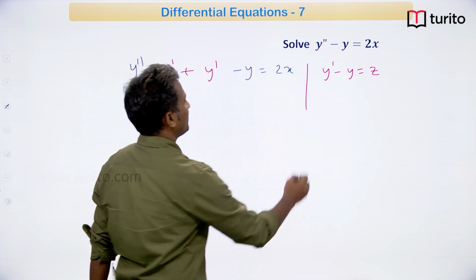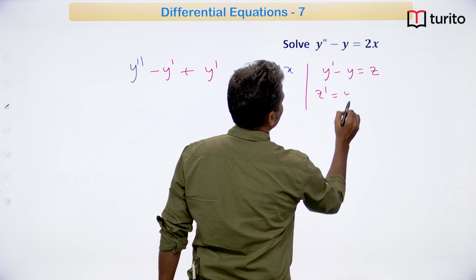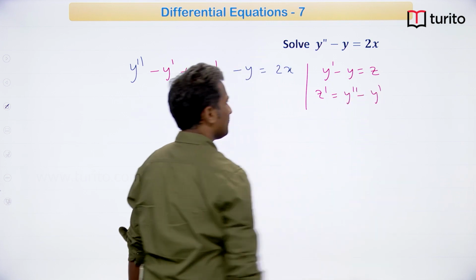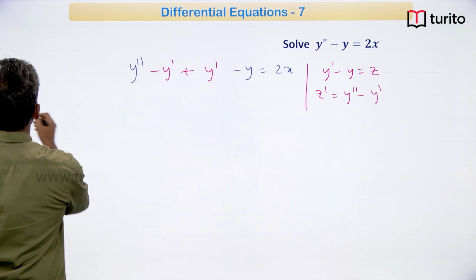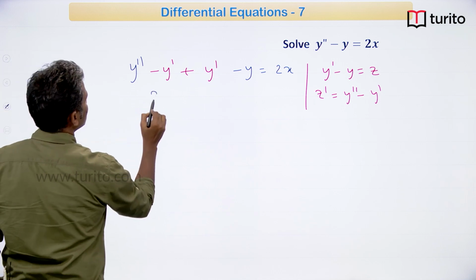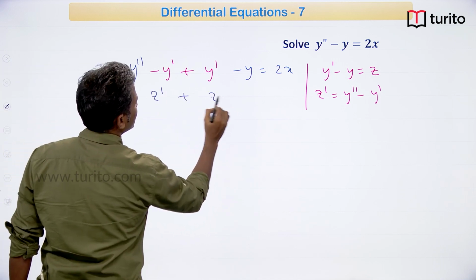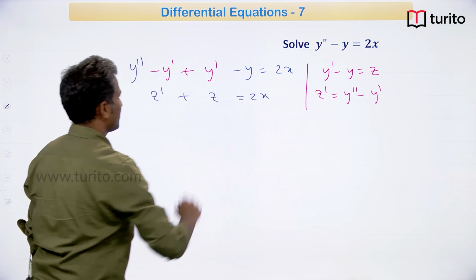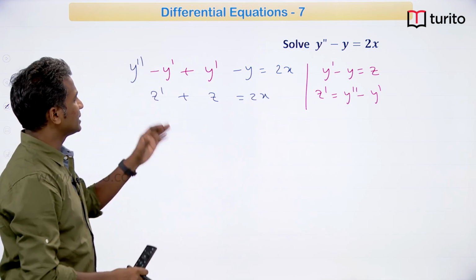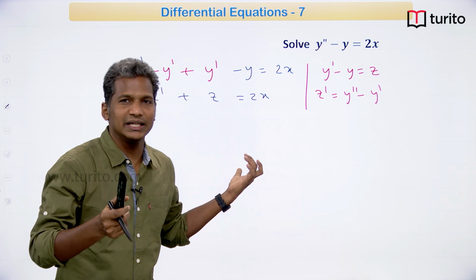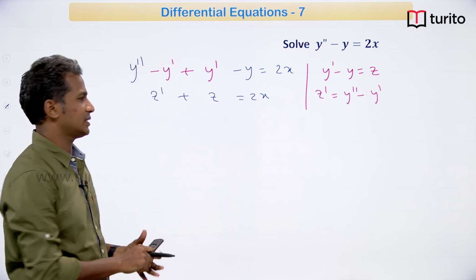Then what do we get? We get z dash as y double dash minus y dash. So, here the equation got converted into z dash plus z equal to 2x. Now this is in the standard form of a linear differential equation. So, you know how to solve this.